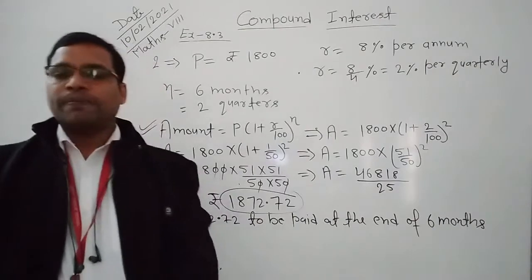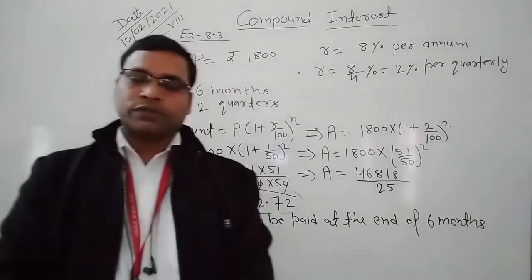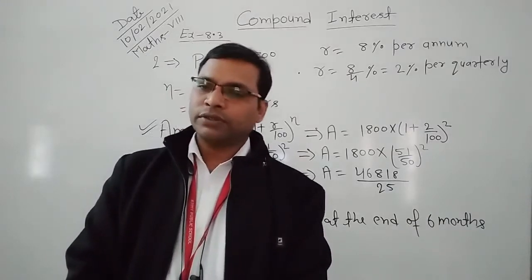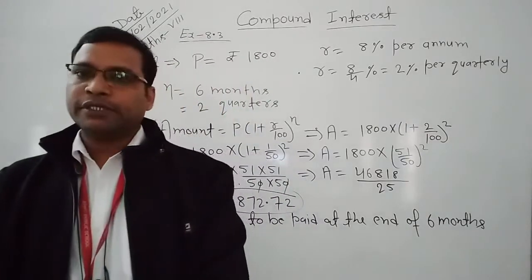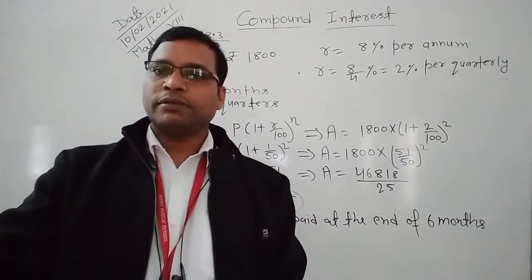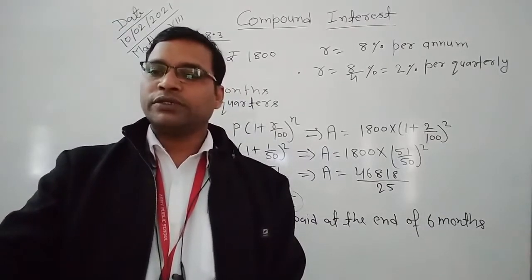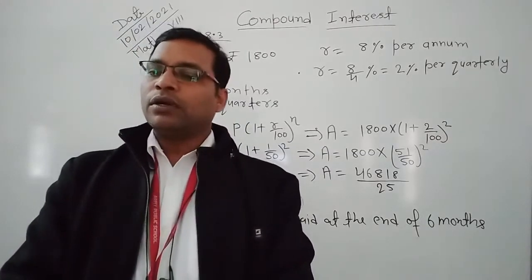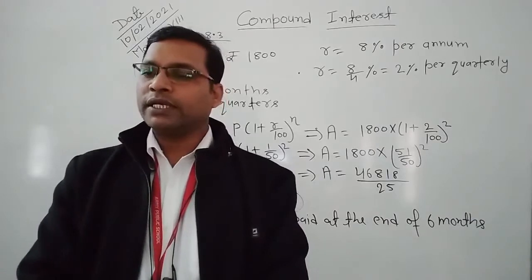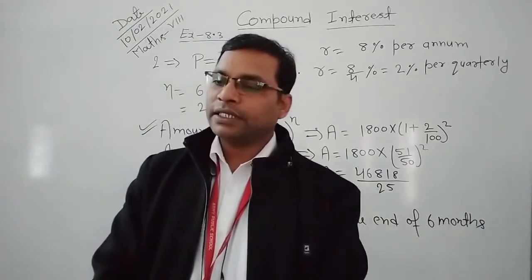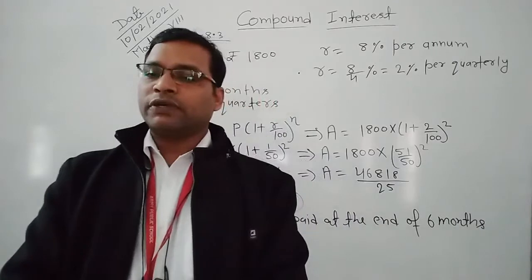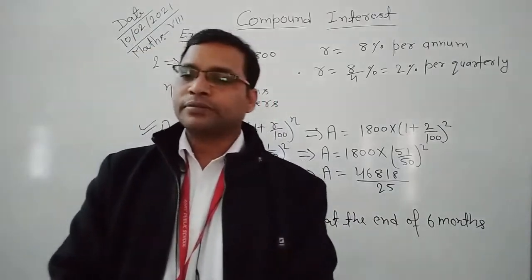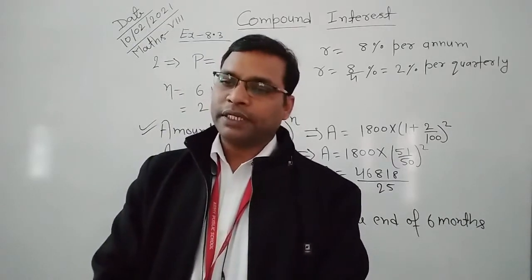So student, I hope all of you understood this question. Now we are going to discuss the next question, question number 3 of this exercise. How much will 25,000 amount to in 2 years at compound interest if the rates for the successive years are 4% and 5% per year?